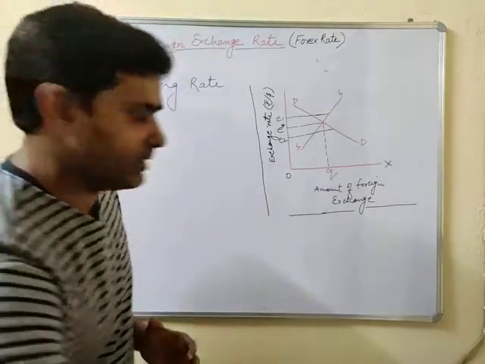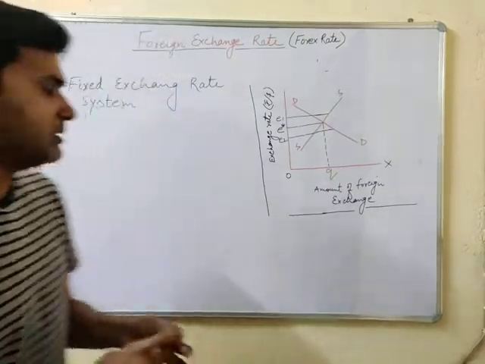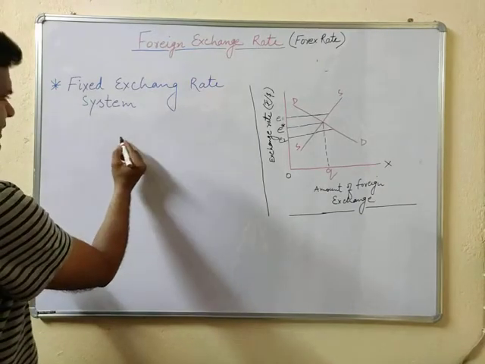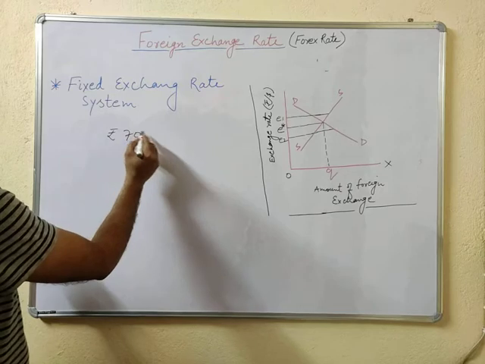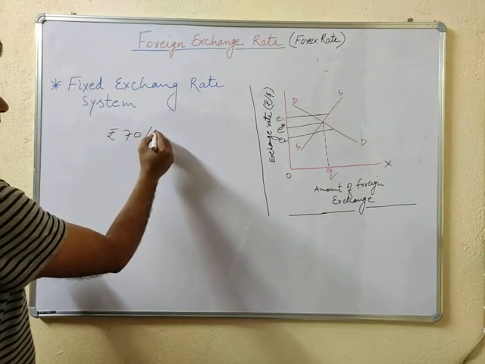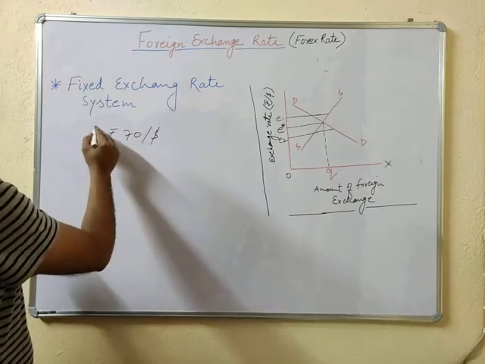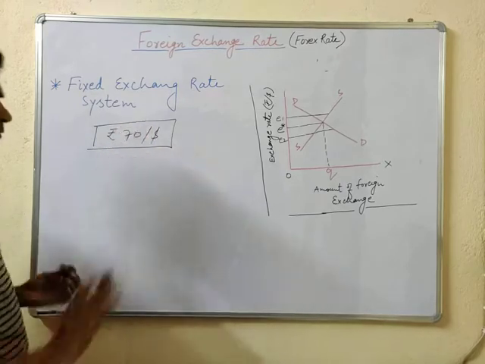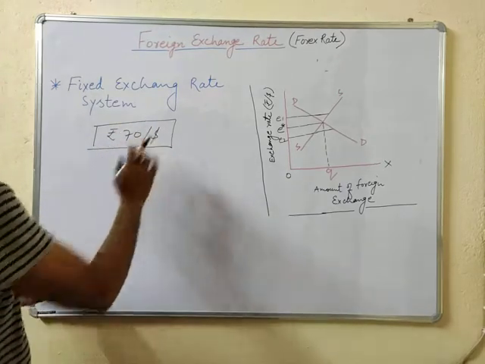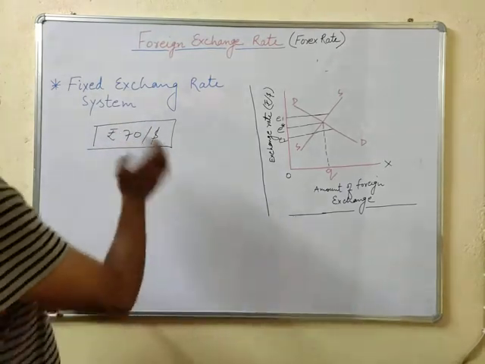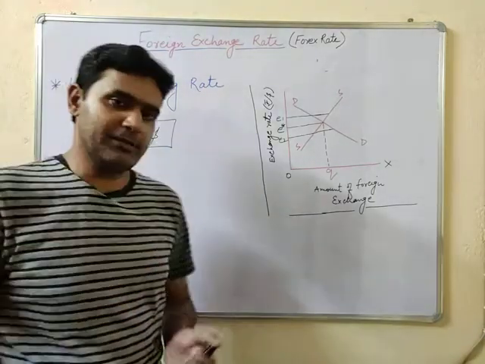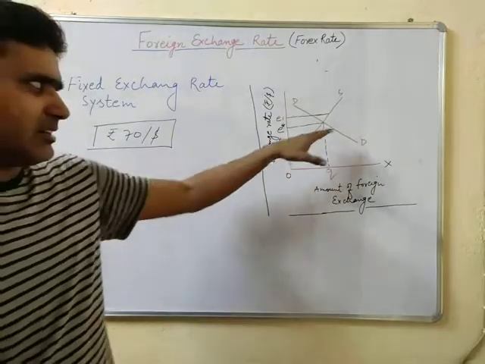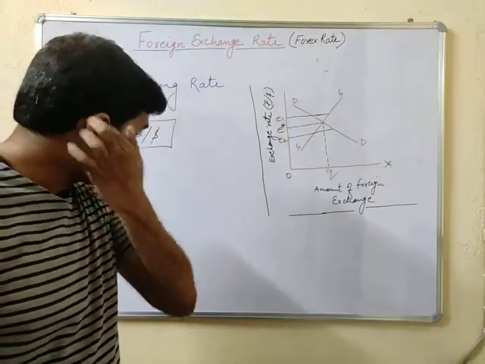Say for example, in the case of India, suppose the government wants to fix the exchange rate at rupees 70 per dollar. This is the exchange rate which government wants to fix in terms of American dollar. So $1 will be equal to 70 Indian rupees.